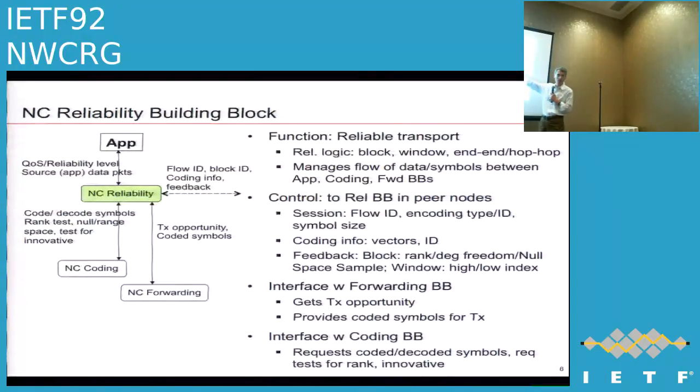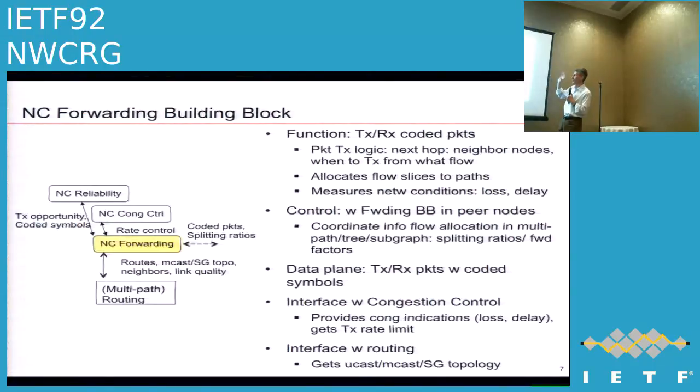Okay, already? So for example, for those who have developed it in the past, this is an example of the signaling that goes on at the reliability level. If you go to forwarding, this is the functional area where packets are actually created out of coded symbols.